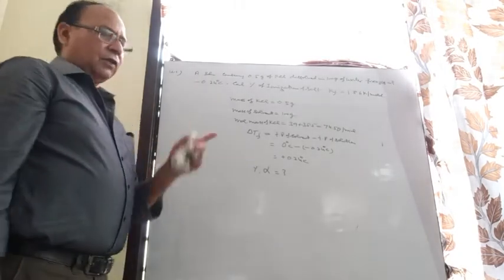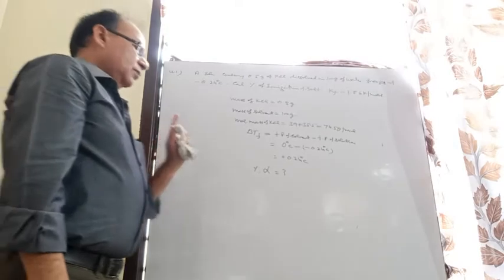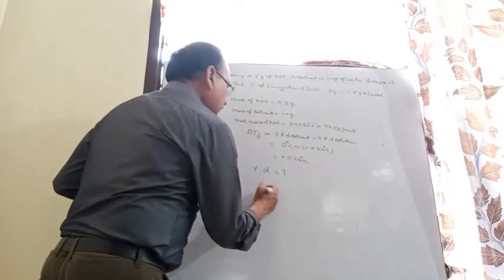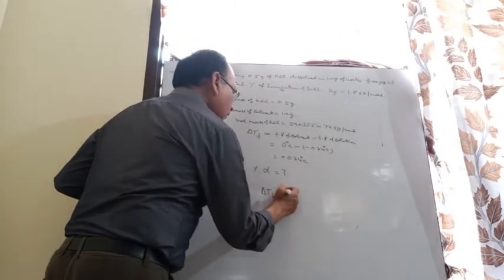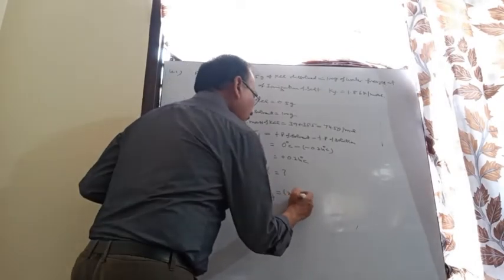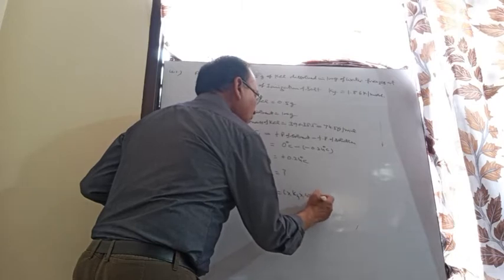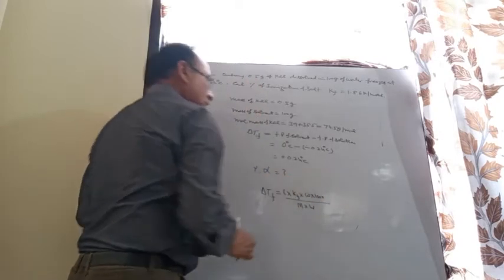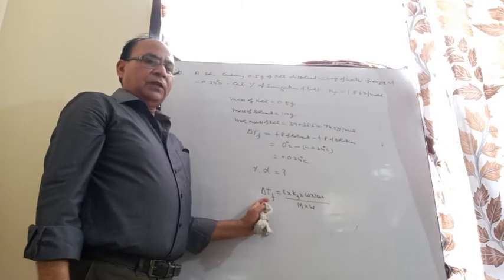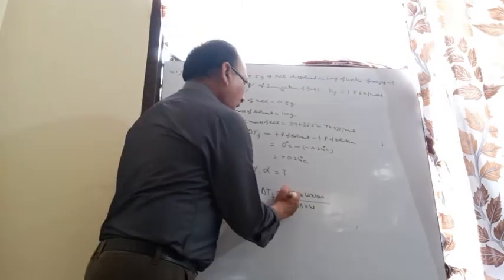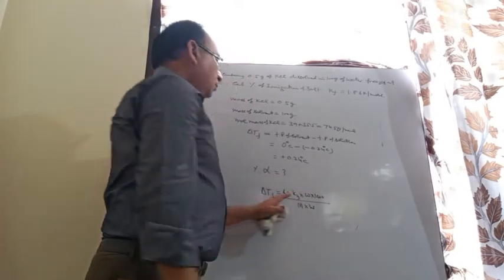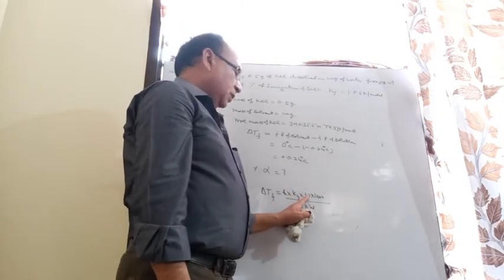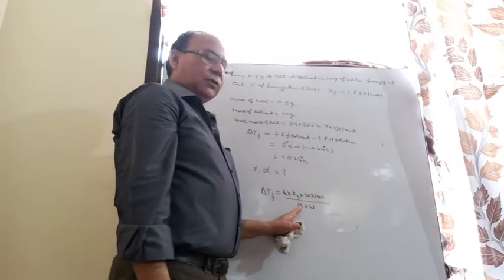Yesterday we discussed one relationship between the van't Hoff factor and colligative properties. So delta Tf equals i into Kf into small w into 1000 divided by capital M into capital W. Let me repeat: the depression in freezing point equals the van't Hoff factor i, into the molal depression constant, into mass of solute into 1000, divided by the molecular mass of solute and mass of solvent.